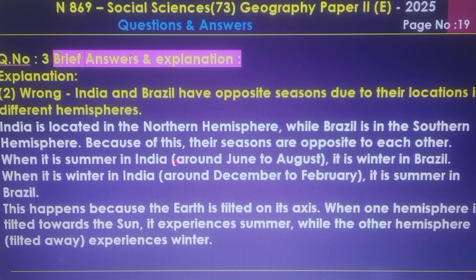When it is summer in India around June to August, it is winter in Brazil. When it is winter in India around December to February, it is summer in Brazil. This happens because the earth is tilted on its axis. When one hemisphere is tilted towards the sun, it experiences summer while the other hemisphere tilted away experiences winter.